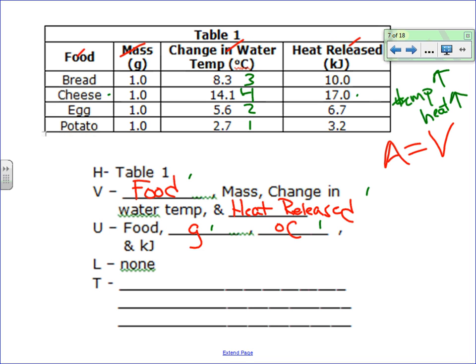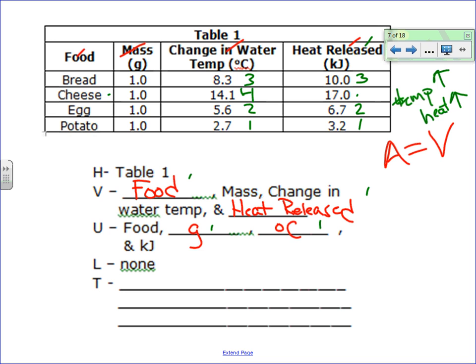So now, if we imagine that these were in this order, 1, 2, 3, 4, what we can do is do that again for another variable and see how that matches up. If we look now at heat released, where would we put the 1? Potato. Where would we put the 2? Egg. Where would we put the 3? Bread.